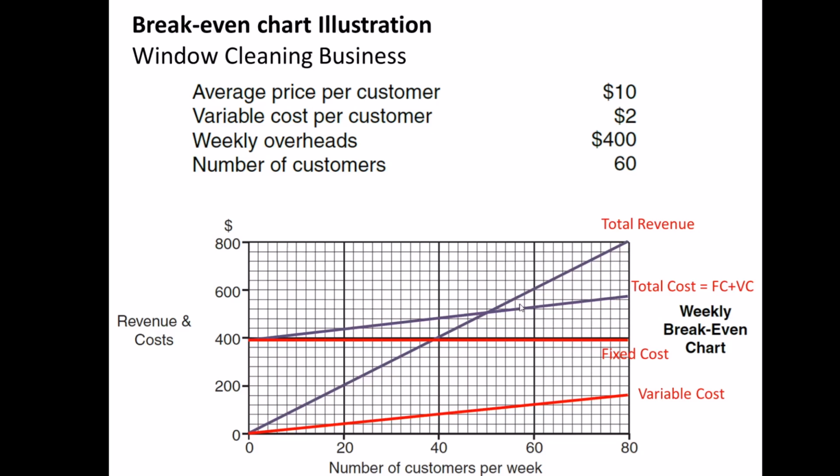So you can find out that at the intersection point, the revenue is equal to the cost. So that is your break-even point, and that's how you finish this question. And that's how you get 4 points, just like that. So, any questions?